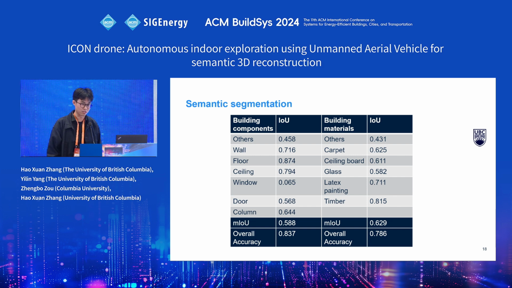However, if you look into smaller classes, let's say the windows, it didn't do a good job, and also the glass materials. Those two are components that demonstrate harder, more diverse behavior that's harder for algorithms to detect.